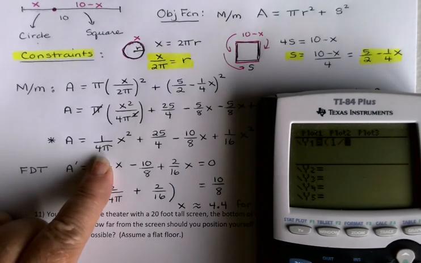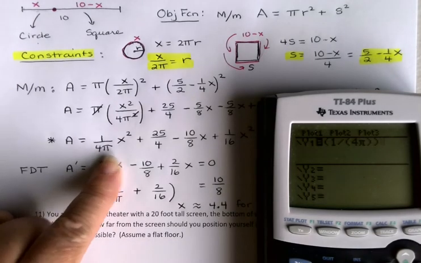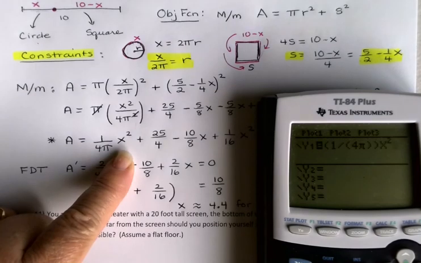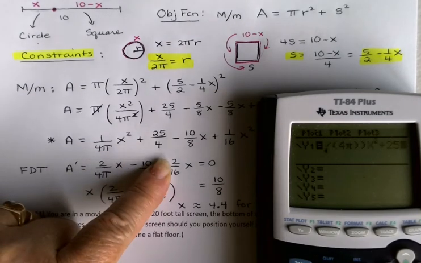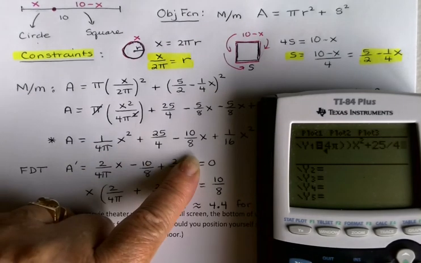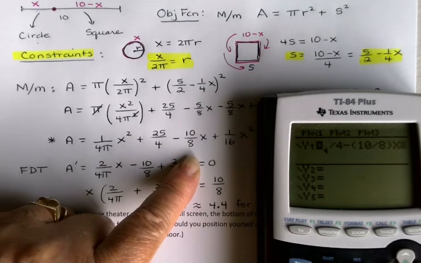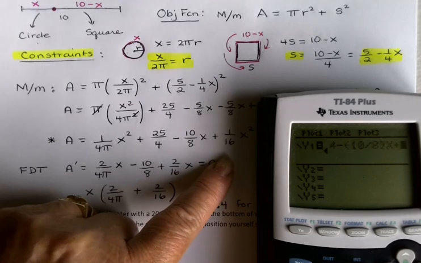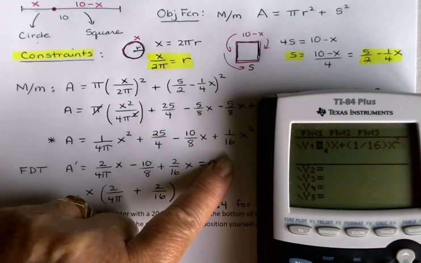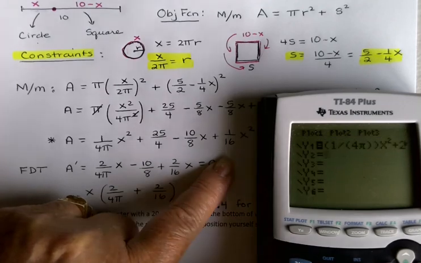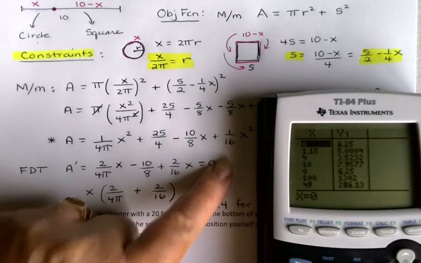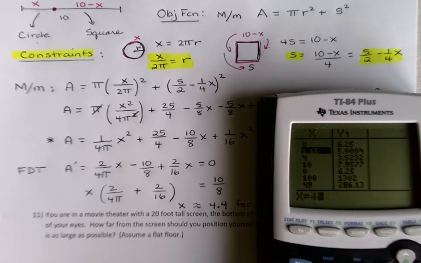So 1 over 4 pi times x squared plus 25/4 minus 10/8 x plus 1/16 x squared. And we wanted to check 0, 4.4, and 10.